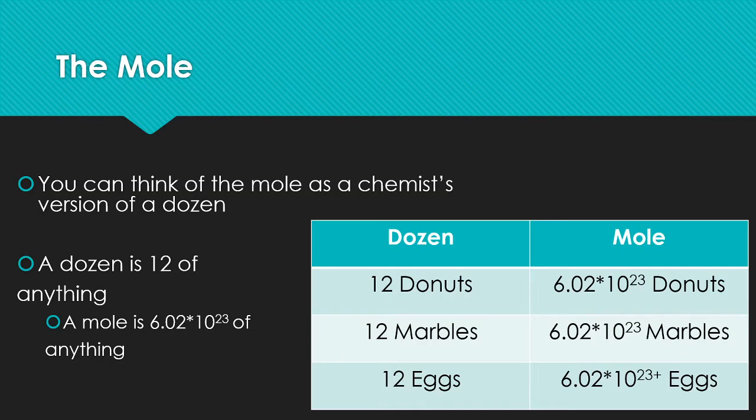If I have a mole of eggs, I have 6.02 times 10 to the 23 eggs. If I have a mole of elephants, I have 6.02 times 10 to the 23 elephants. And if I had a mole of hydrogen atoms, I would have 6.02 times 10 to the power of 23 hydrogen atoms. This is how we relate substances to each other, using the mole.